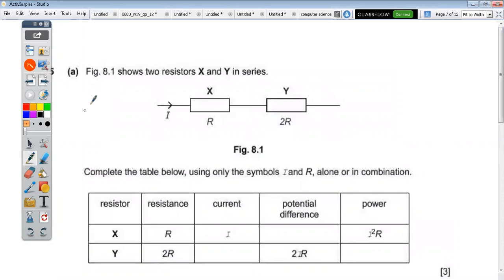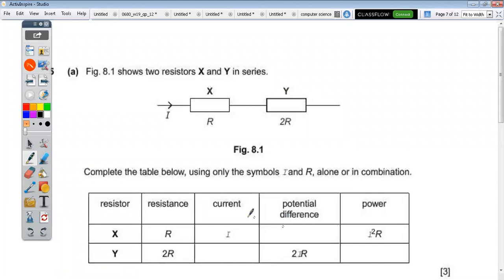Fig 8.1 shows you two resistors in series. We now know that we have to add two resistors in series, that and that. Complete the table showing only symbols R and I, alone or in combination. Potential difference means voltage.